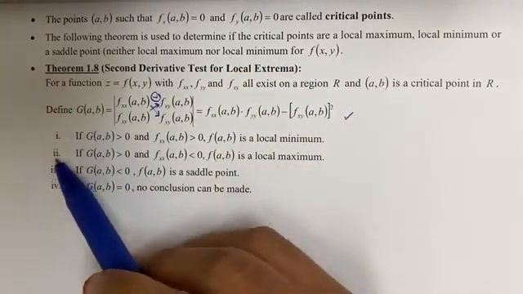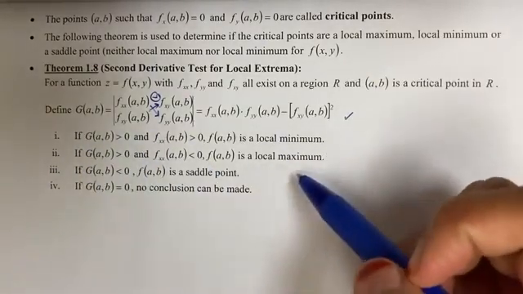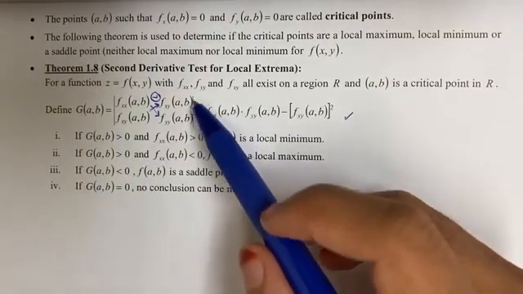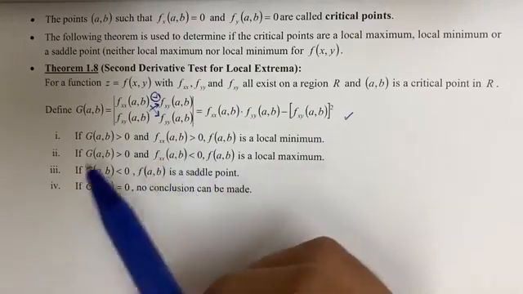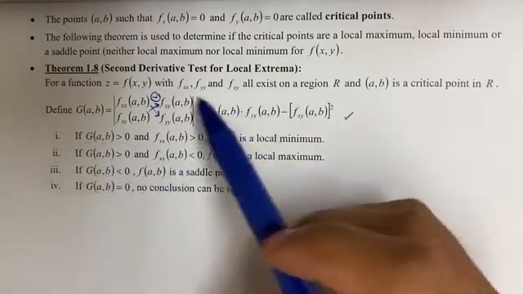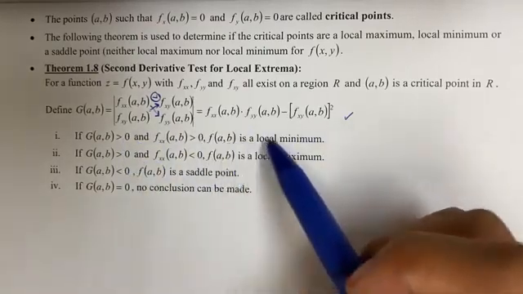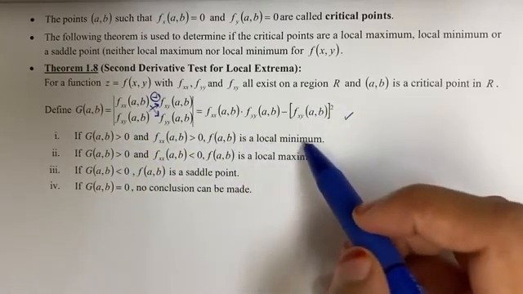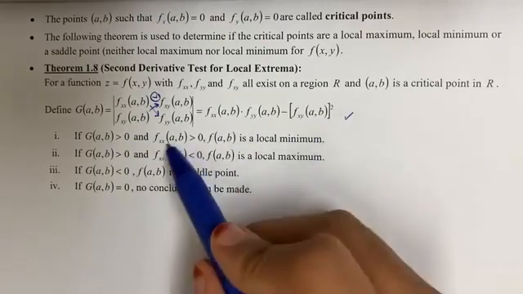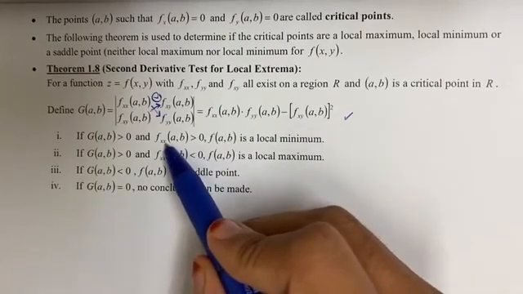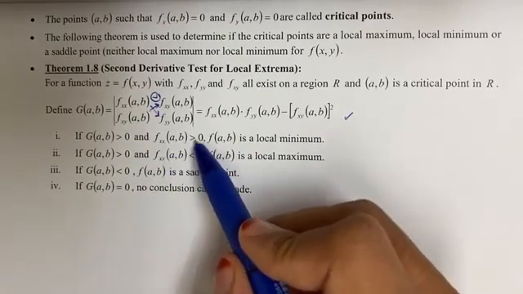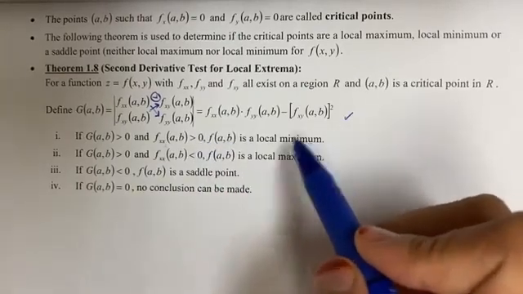So there are 4 conclusions that can be made from your G and fxx. First, if G(a,b) is greater than 0, it is either a local minimum or local maximum. Then refer to the fxx value. If fxx is greater than 0, it is a local minimum.